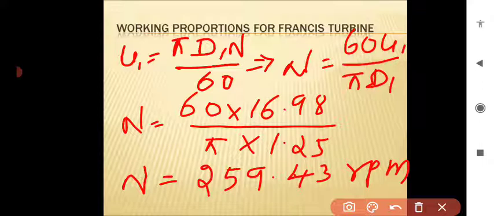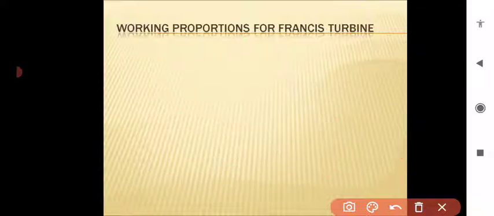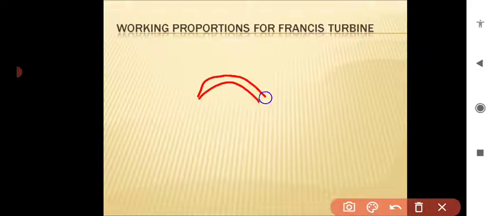Now we have got the velocity of the blade and speed. Now we will draw the velocity triangles for inlet and outlet.